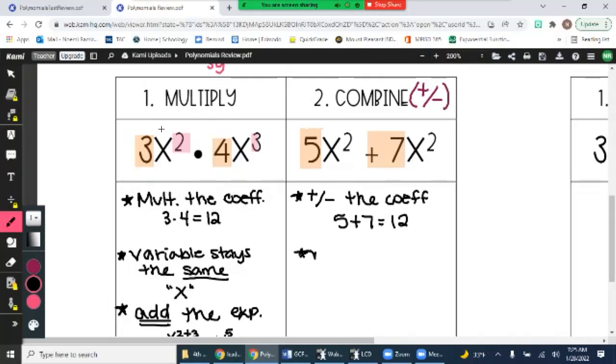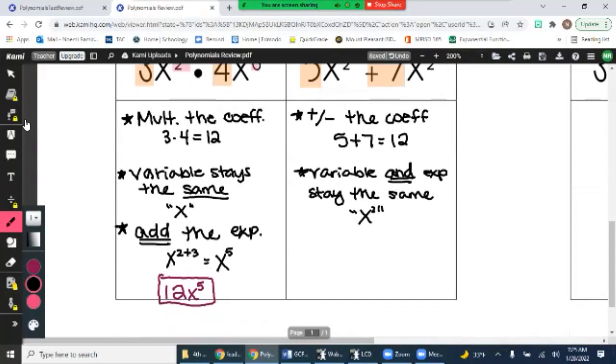Variable and exponent stay the same. In this case, we have x squared. If you don't have another x squared, you cannot combine it.